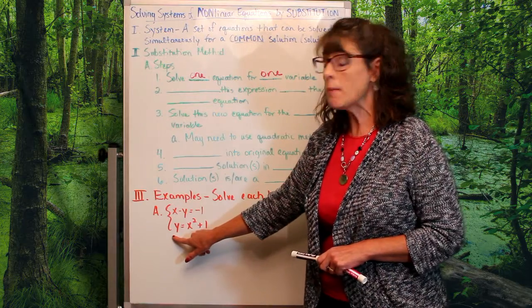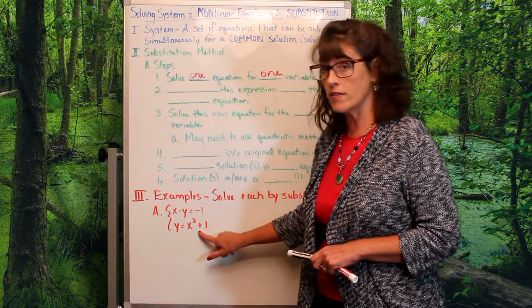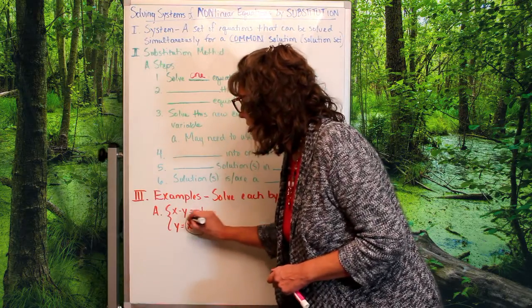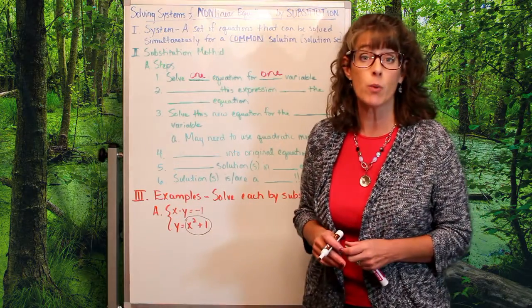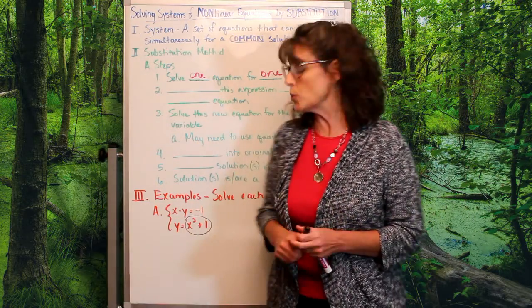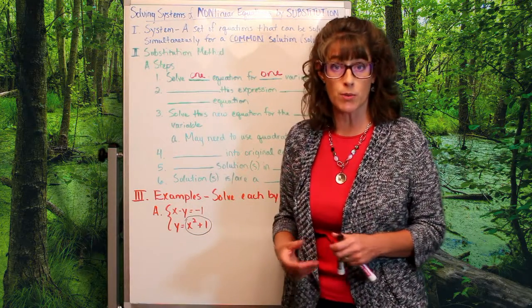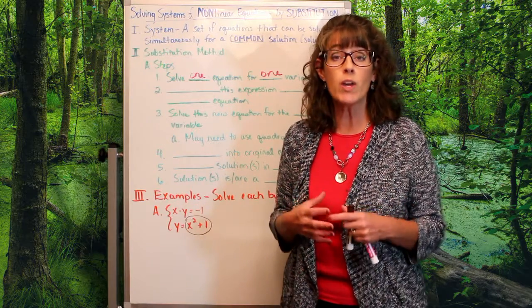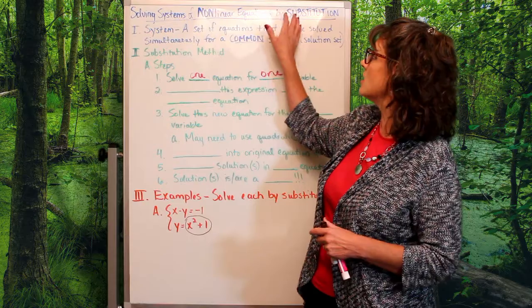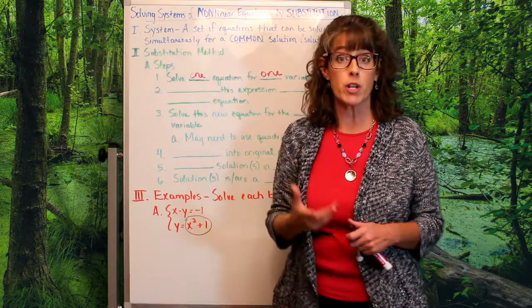And so remember, that means that y is all of this stuff. Well, if that's the case, then I should be able to take all this stuff and plug it in everywhere I see a y. And remember, when we talked about our systems of linear equations, we said don't ever plug back into the one you already rearranged, because you're working with a system, and if you plug it back into the one you rearranged, you're not working with the system. You're working with just one of the equations.